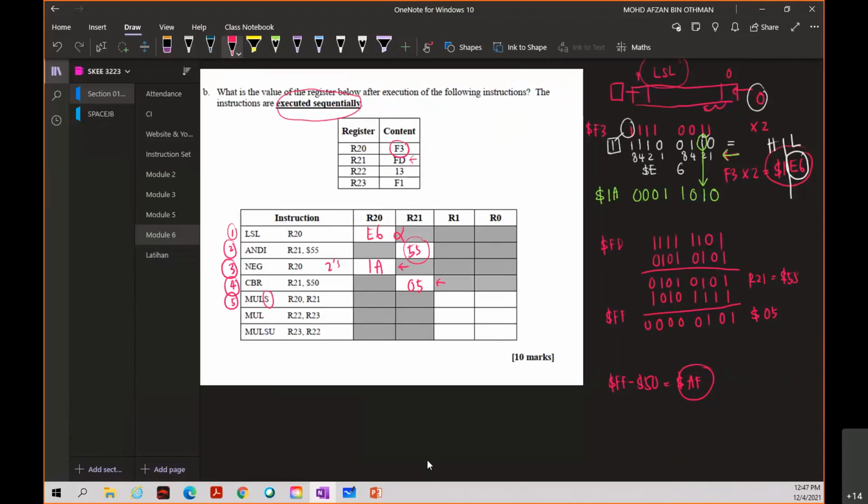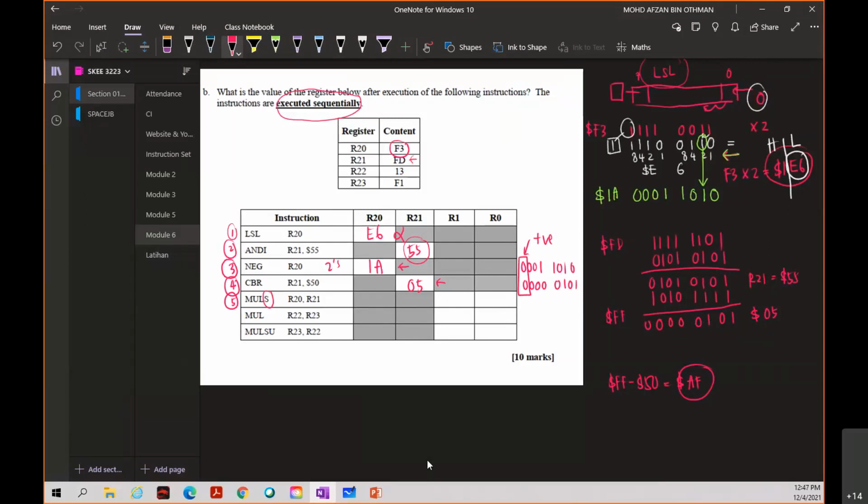So 1A is actually 0001 1010, and 05 is 0000 0101. Look at this bit here. Since the bit here is 0, you know that this is a positive number. So you just simply multiply 1A multiplied with 05.